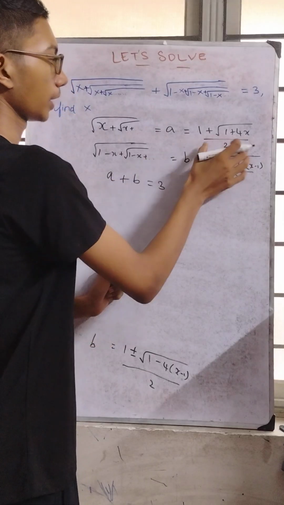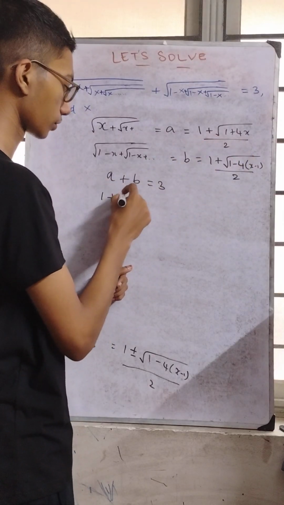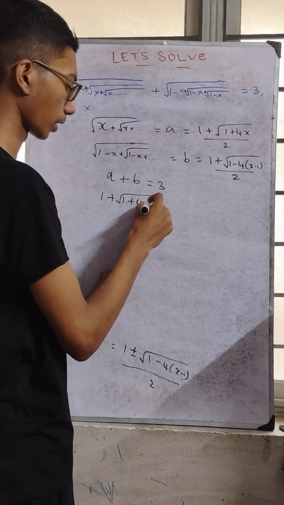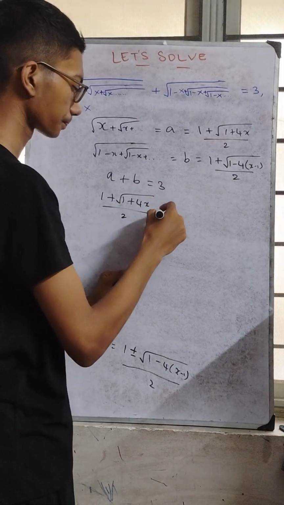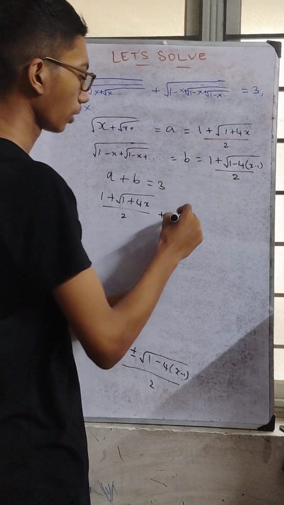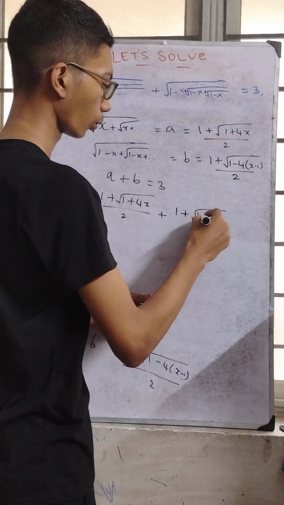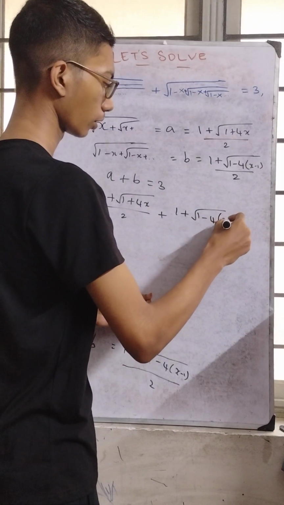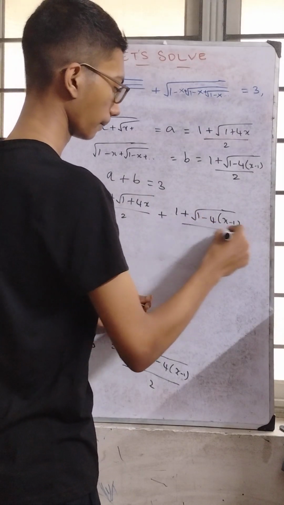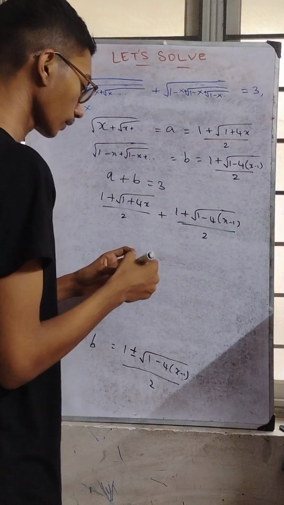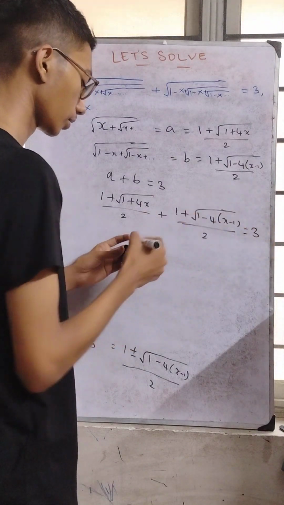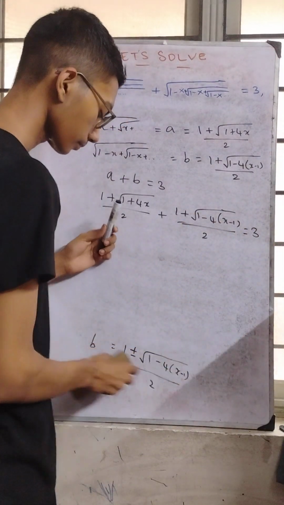So now the value of a is 1 plus root 1 plus 4x by 2 plus b, 1 plus root 1 minus 4 of x minus 1 by 2, equals 3. So this is what we have now.